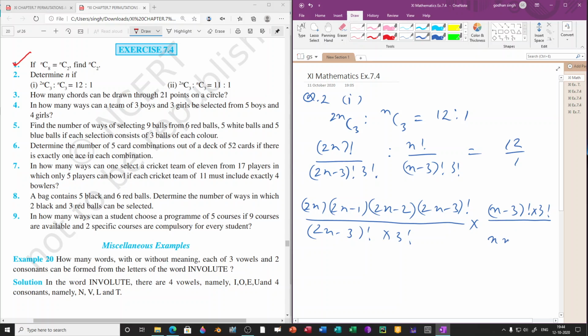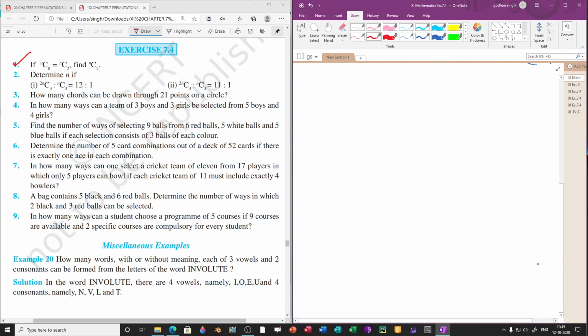It will become n into n minus 1 into n minus 2 into n minus 3 whole factorial, and we will just cancel out the terms which can be cancelled out. 2n minus 3 whole factorial, here also 2n minus 3 whole factorial, because it is both in the numerator and denominator. Similarly 3 factorial can be cancelled out, and also n minus 3 whole factorial can be cancelled out.